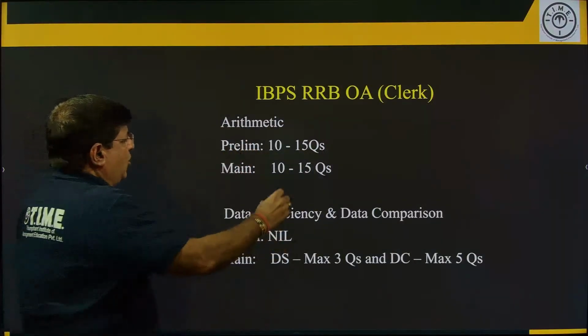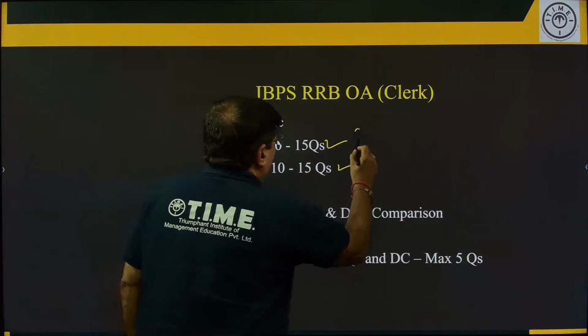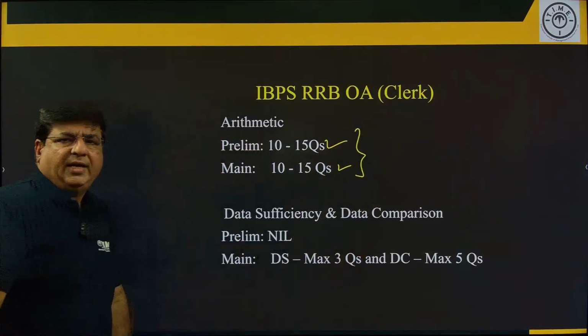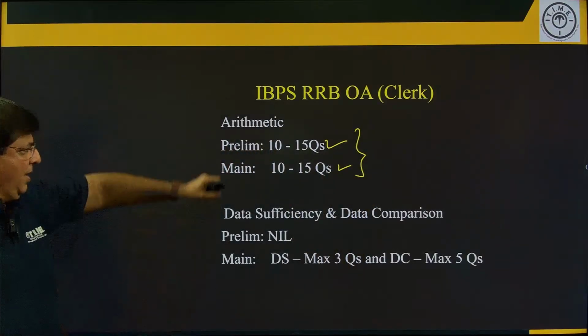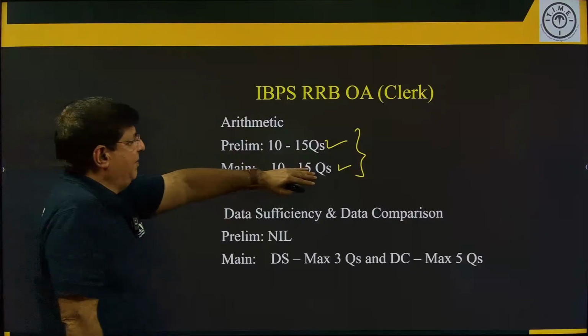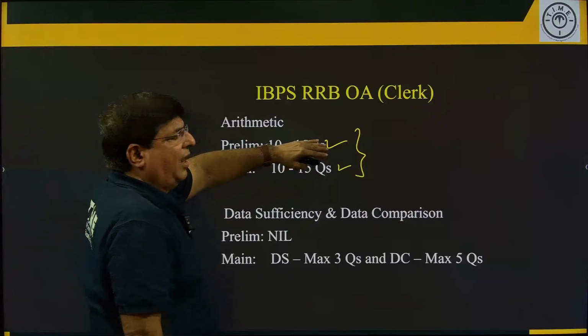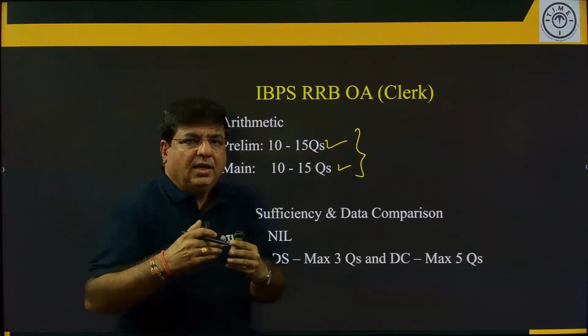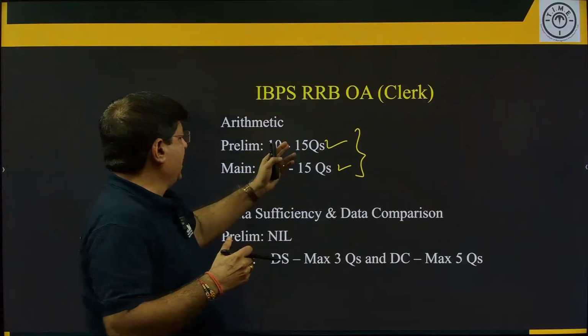Arithmetic: prelims 10 to 15, mains 10 to 15, almost equal weightage in both prelim and main. But the difficulty level of questions in mains will be slightly higher when compared to the questions asked in prelim.